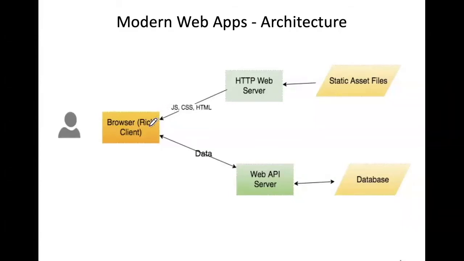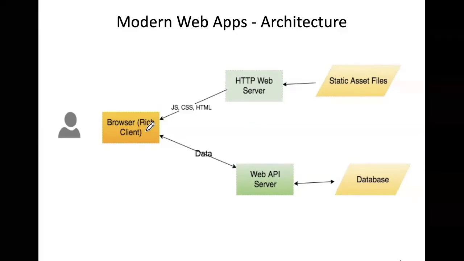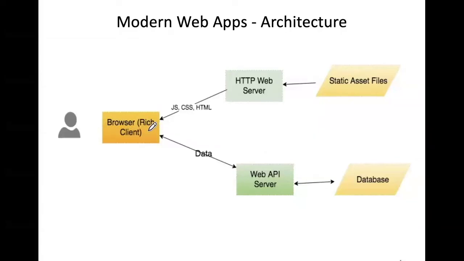When these assets arrive in the browser, the JavaScript kicks in straight away, and it essentially constructs the view of the web page that the user sees. It does it dynamically in the browser. Perhaps as well, the JavaScript that runs initially may send a request down to a web API.